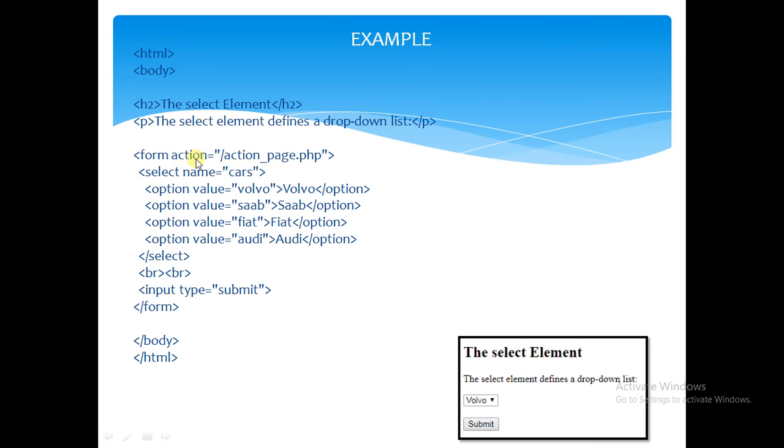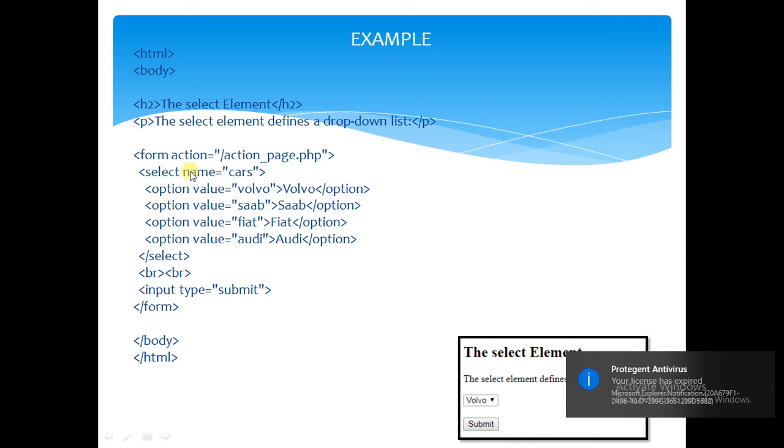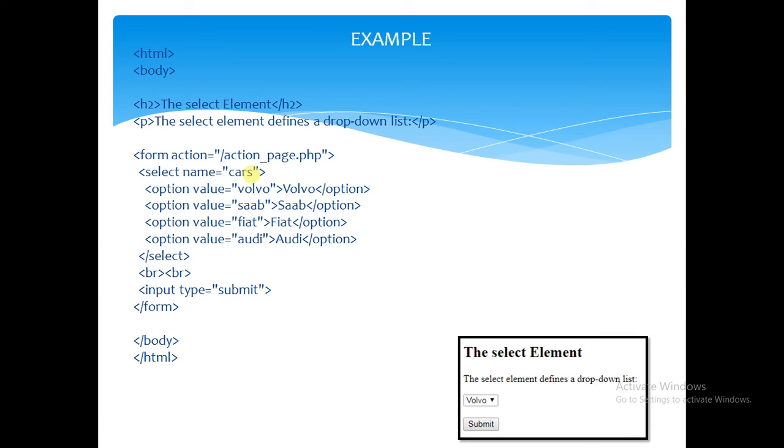First, form action page.php. We declare select name equal to car, which means we are creating a list with a number of items about cars. The first item is value equal to Volvo, and Volvo is an option, which is closed here. The next item is Saab, the third option is Fiat, and the fourth option is Audi.